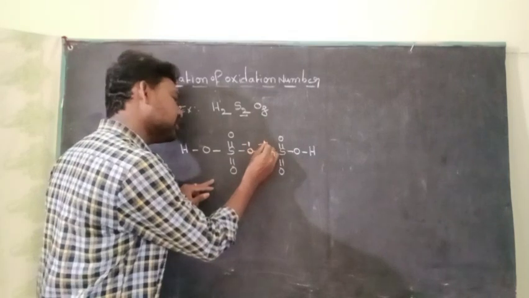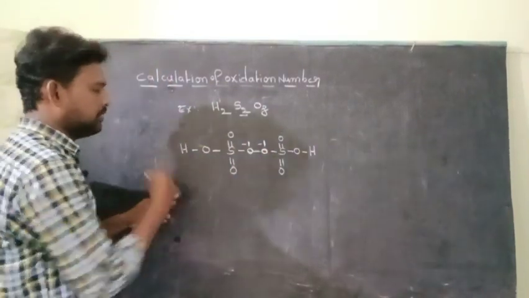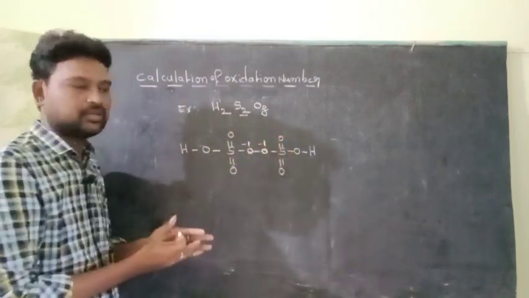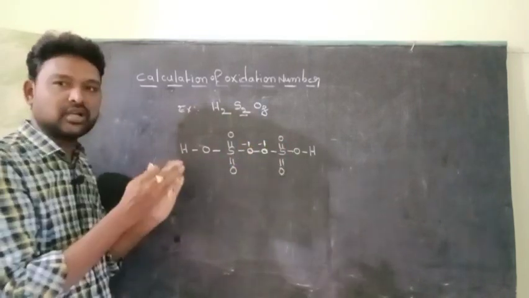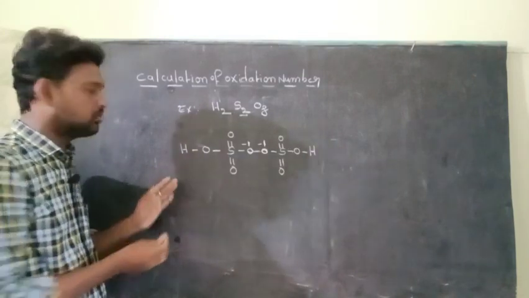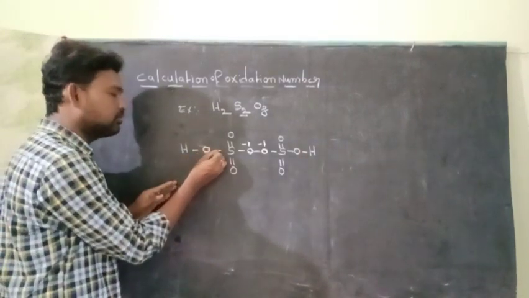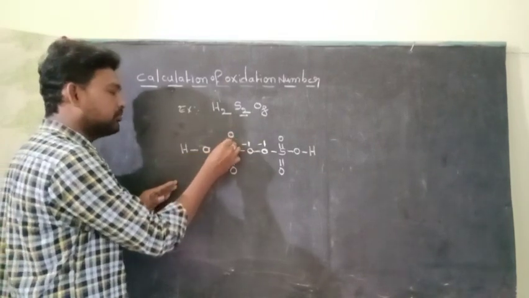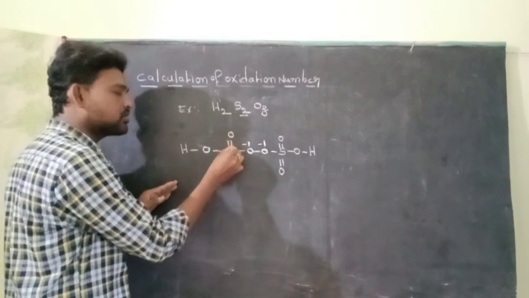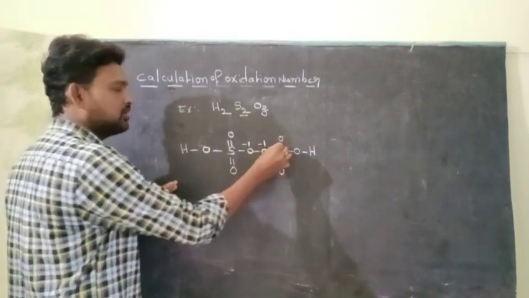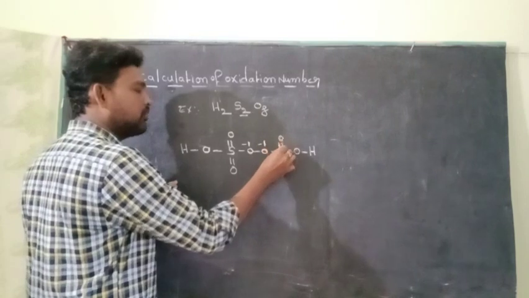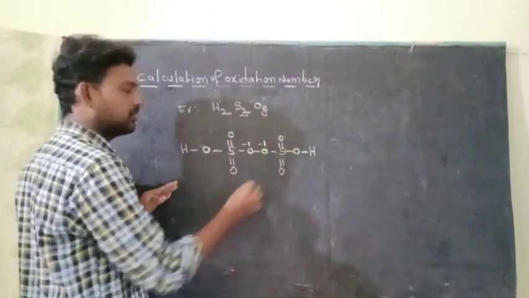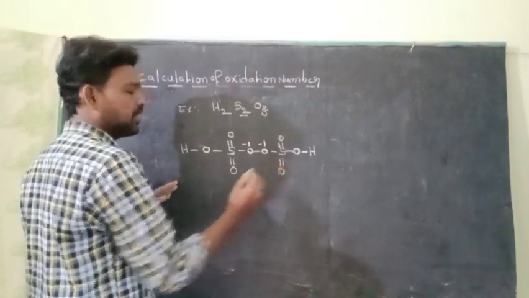The remaining oxygen atoms are each bonded with sulfur atoms, and one oxygen is bonded with a sulfur atom and a hydrogen atom.